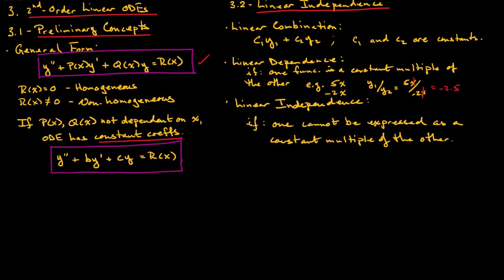So that is, we can say that this equation, c1 y1 plus c2 y2, is equal to 0 if and only if c1 and c2 are both equal to 0.